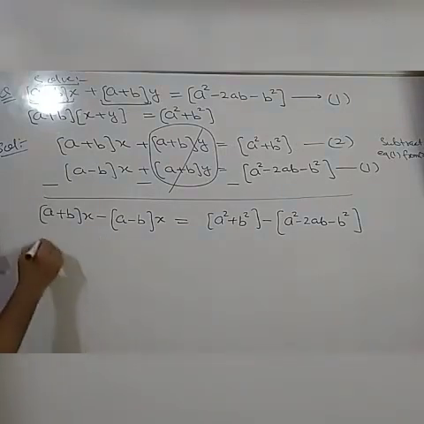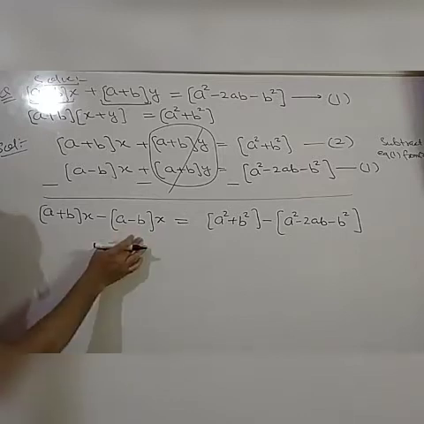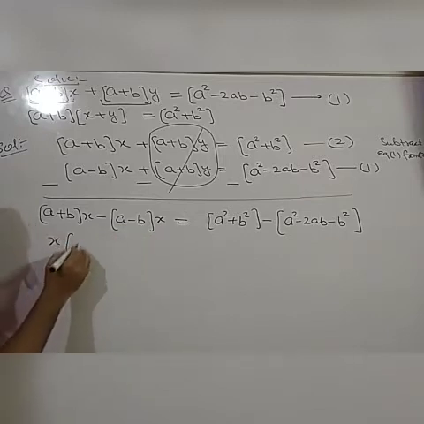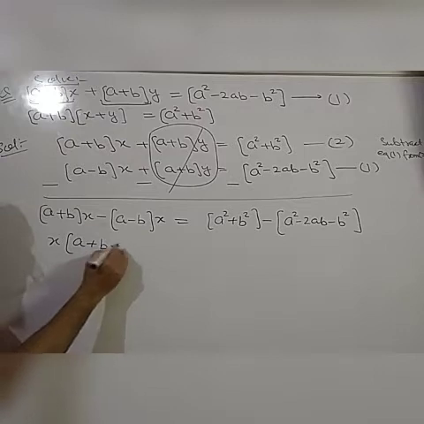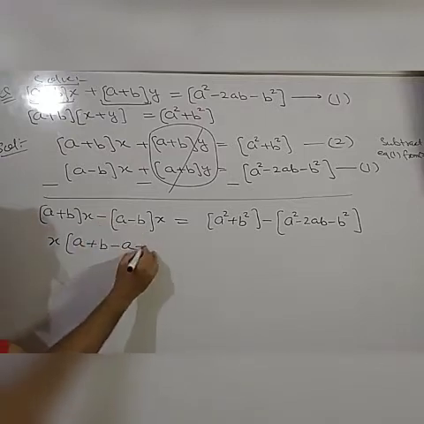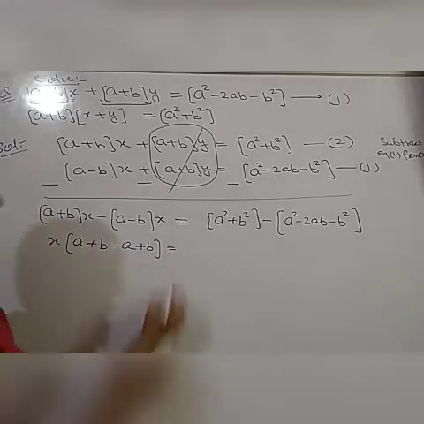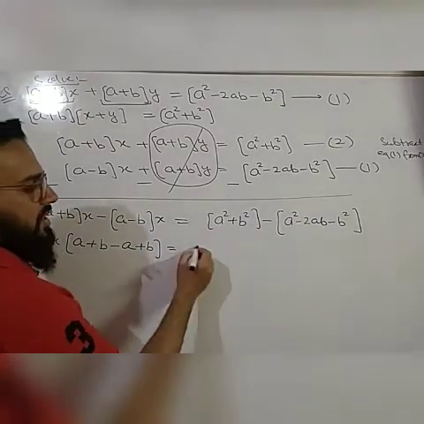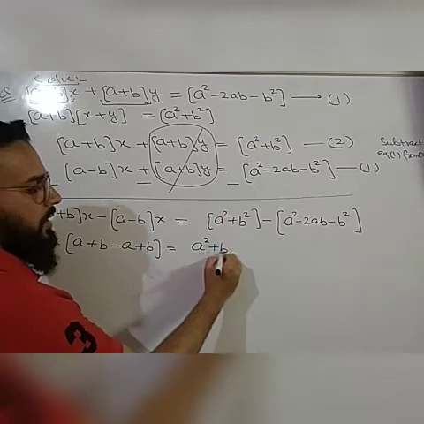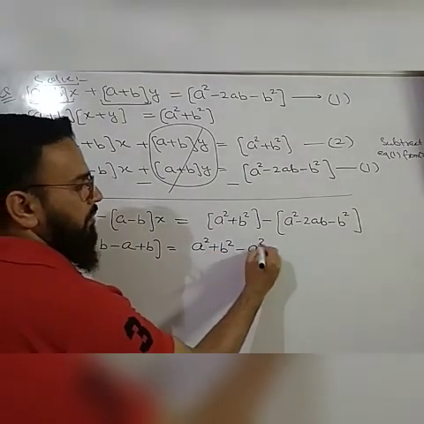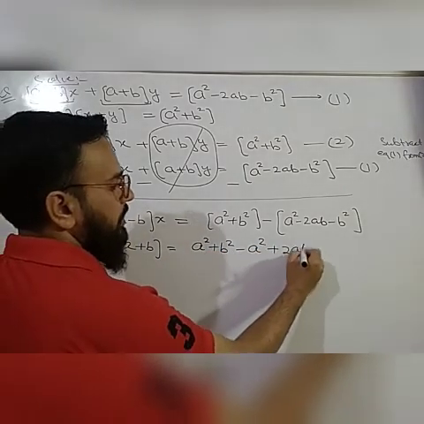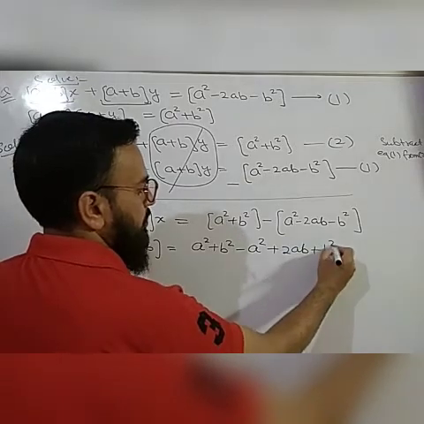Now open these brackets, or take x common from these two terms. If we take x common, then it will be a plus b minus a, and when this minus sign enters, it will be plus b, is equal to, open this bracket also, we will get a square plus b square minus a square plus 2ab plus b square.